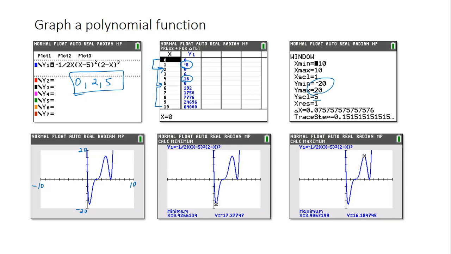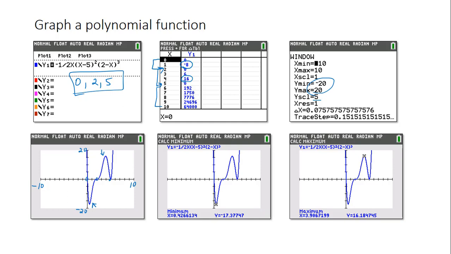Notice also that the graph crosses at 0, 0, at 2, 0, and at 5, 0, it bounces off. So I had to figure out what is this minimum point, this valley point, and this peak of my graph to figure out the maximum and minimum value and those turning points of my graph.